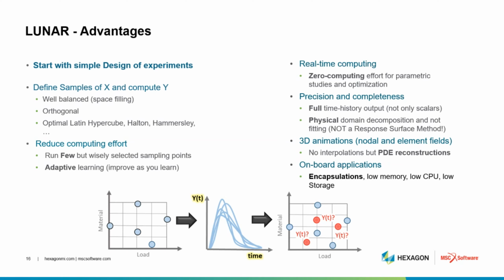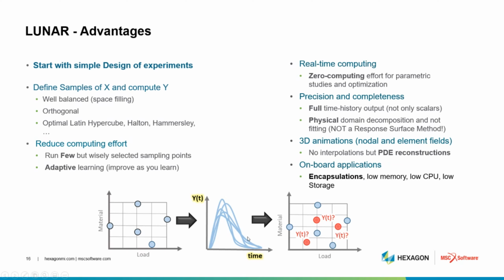So what is the advantage of using Lunar? We start with a simple design of experiment. We define sample X and compute Y. In every software we have it, some sample of X, and we can compute Y as the result. So we can design a space with a few selected Y samples, like this one, 4 or 5 samples from a simulation.